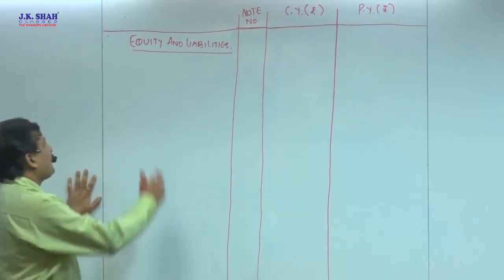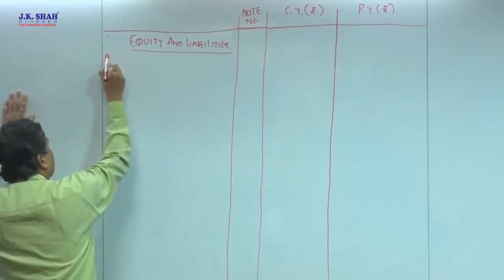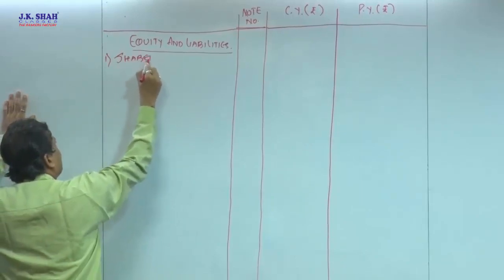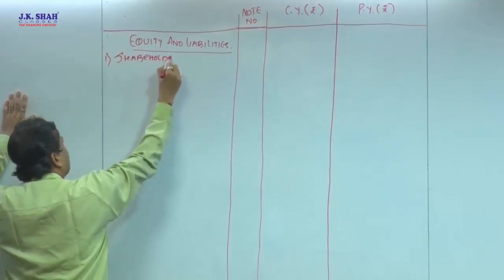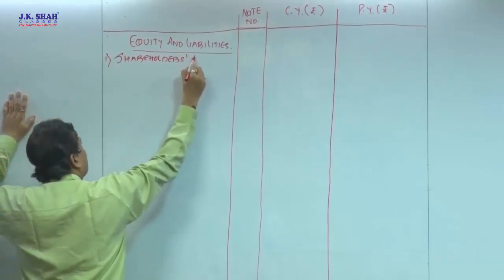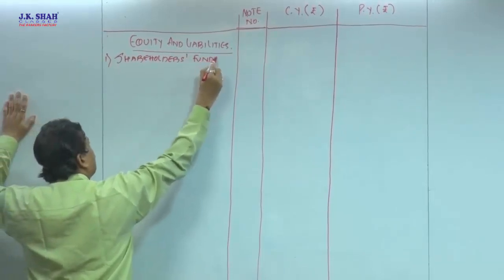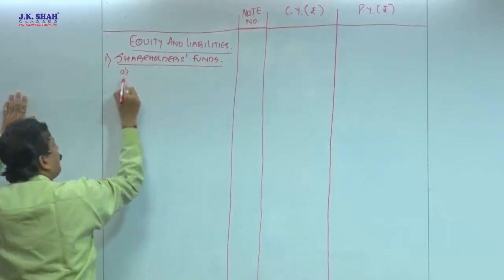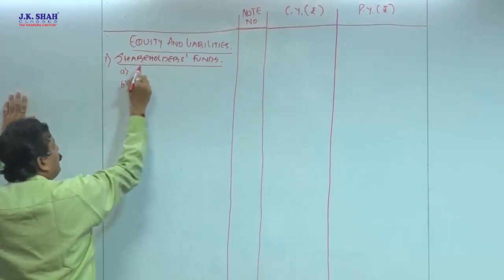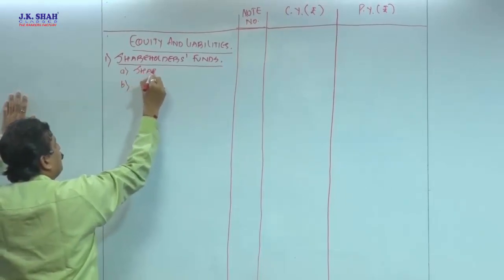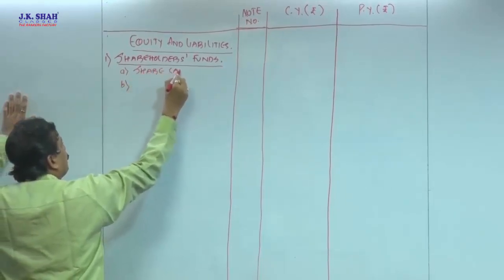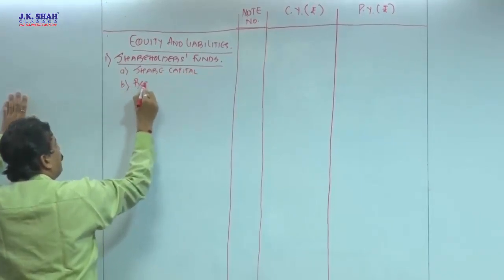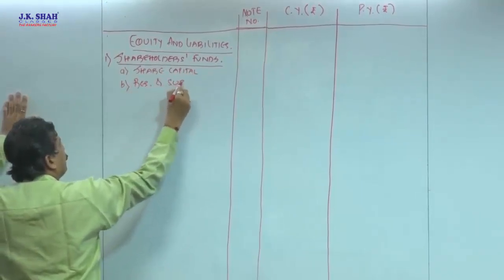Normally, equity and liabilities has major heads like this. One, and the biggest one, is shareholders funds, which consist of two things. One, share capital, and second, reserves and surplus.